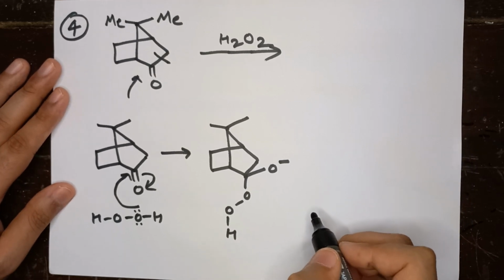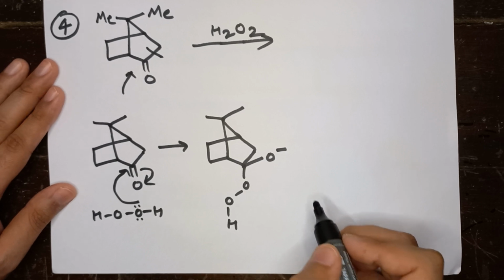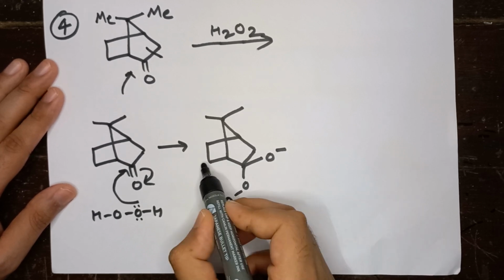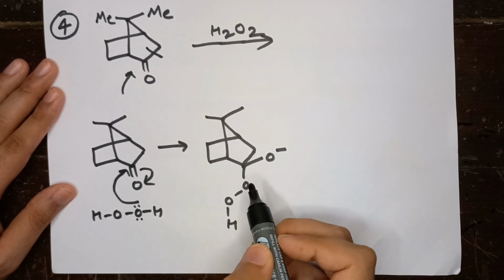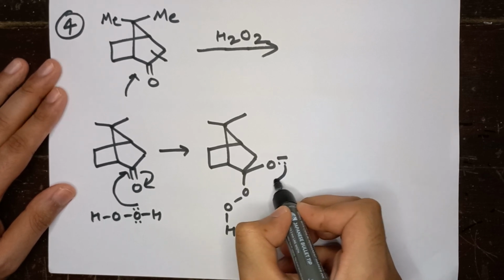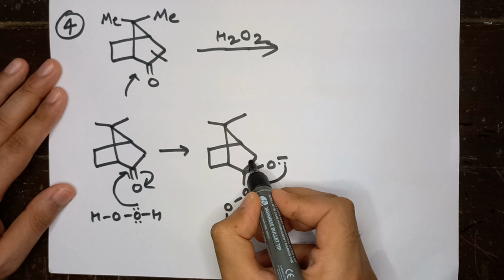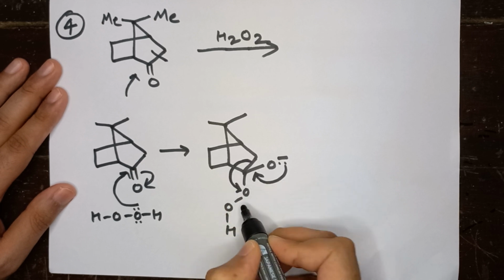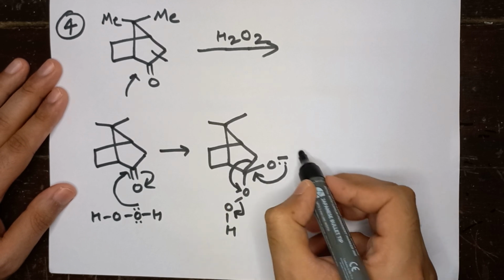Right? Now this is a cis conformation, but the bond will migrate from the trans conformation. So that's why this oxygen will reform a double bond and this particular bond will migrate towards oxygen, removing OH.